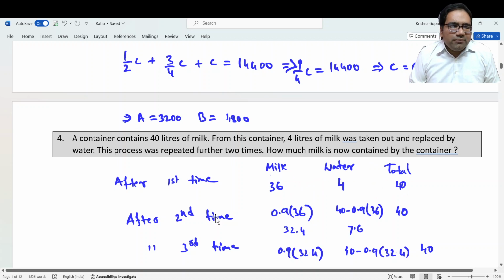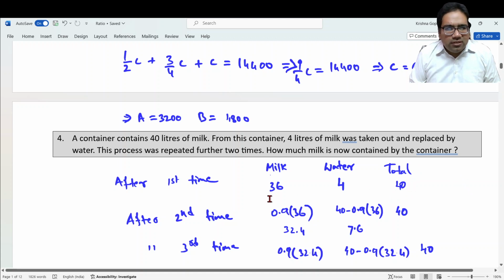When you remove the second time, how much will get removed? Second time again you are removing 4 liters of this mixture. 4 liters of this mixture doesn't mean 4 liters of milk. It will contain some milk, some water. This is a mixture. What is 4 liters? 4 liters is 10% of the total you are removing.